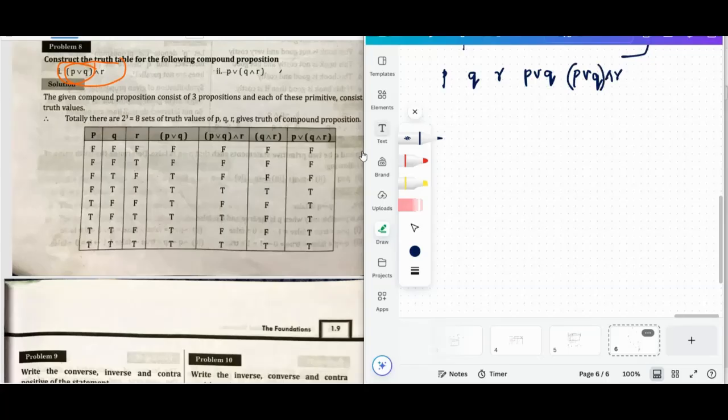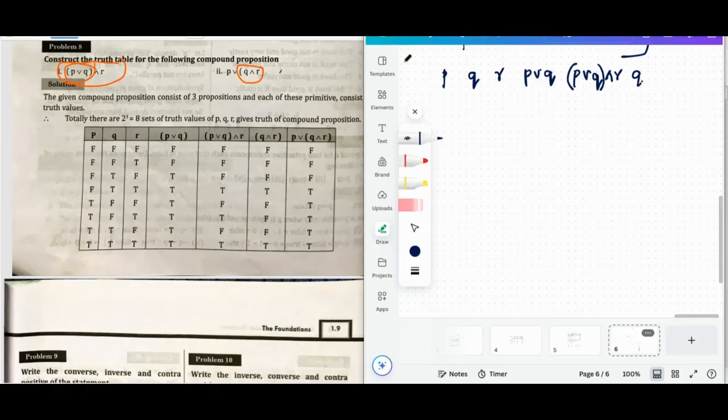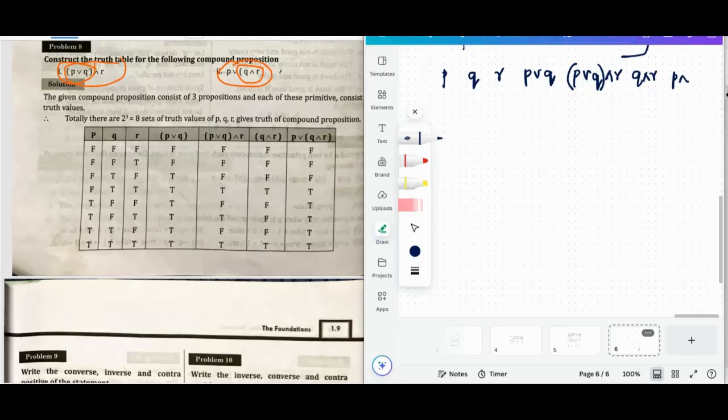Then the second part they've given us is Q and R. First you take the bracket, that is Q and R. Then you have P and Q or Q and R. Once again, I'll write it: P or Q and R.